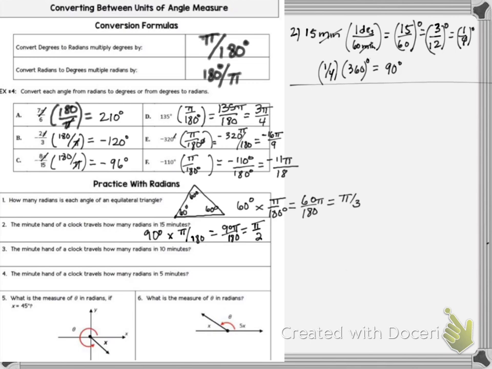All right, the third one says, the minute hand of a clock travels how many radians in 10 minutes? So I have 10 minutes. I'm going to convert that to a fraction of a revolution, and I'm going to get 10 over 60, and that's going to give me 1/6.